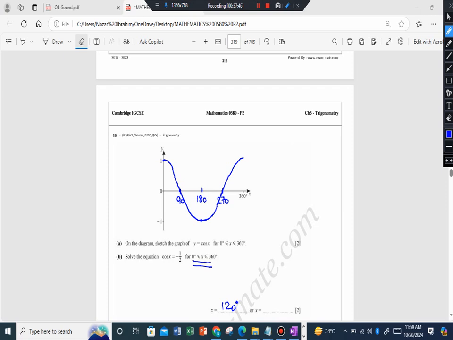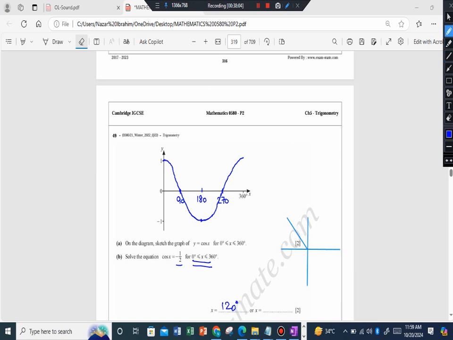Now we should know that since the answer is negative, we should first make the Cartesian plane, right? 120 means that it is in the second quadrant, right? 90 plus.